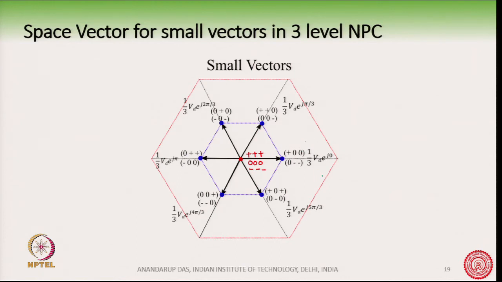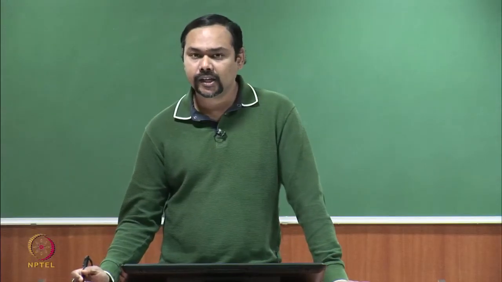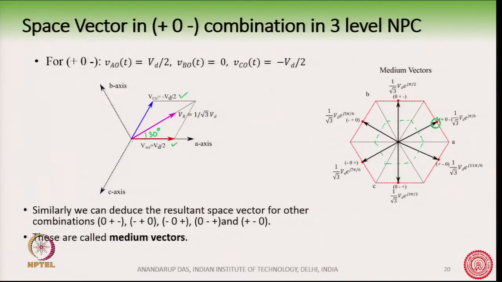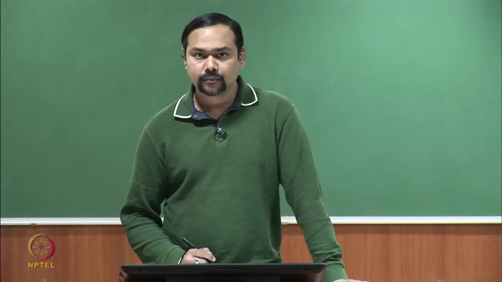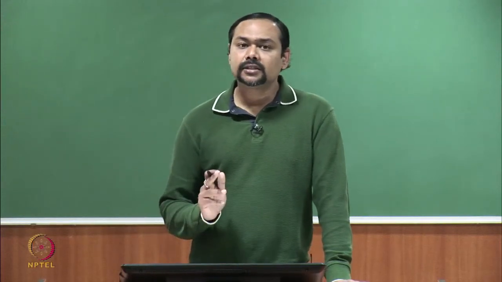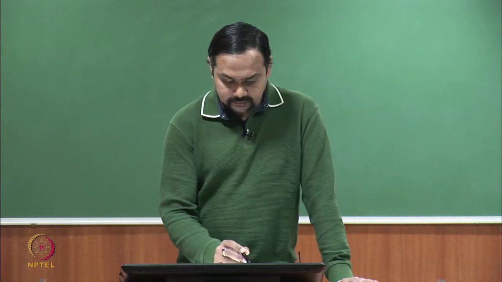Okay. However, for the medium vectors we see the magnitude is Vd by root 3, that is almost like 0.577 Vd. So, it has a magnitude more than the small vectors, and therefore, these are called medium vectors. Okay. There are 6 switching state combinations that produce these medium vectors, and these switching state combinations are given here.